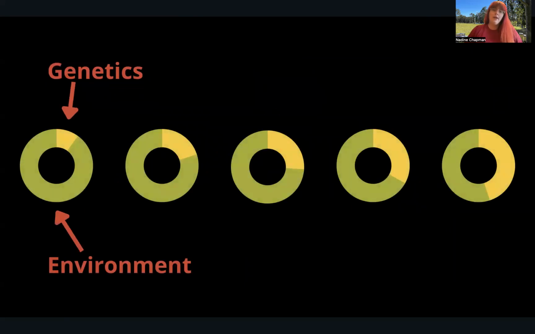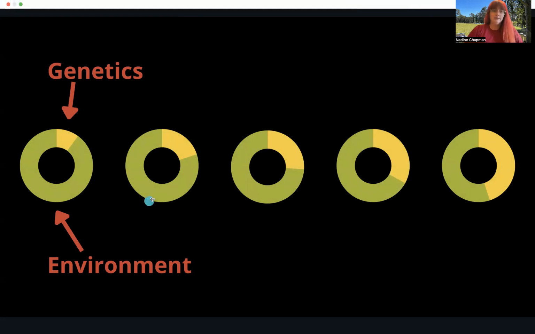Now, why we want that information is that we want to be able to pull out for each trait how influenced it is by genetics. So there is an effect of both genetics and the environment on performance. And if the effect of the genetics is very low, like on the left there, then that makes it very hard to select for that trait. So each one of these 5 circles here represents a different trait.